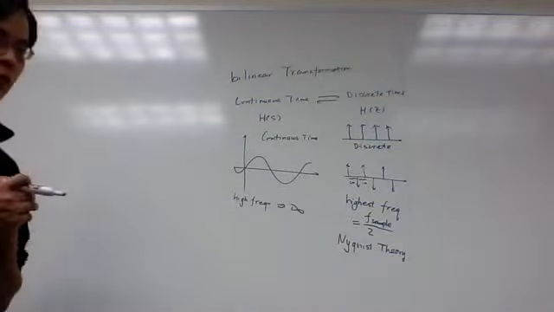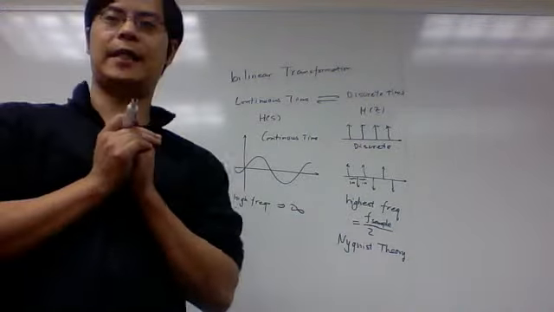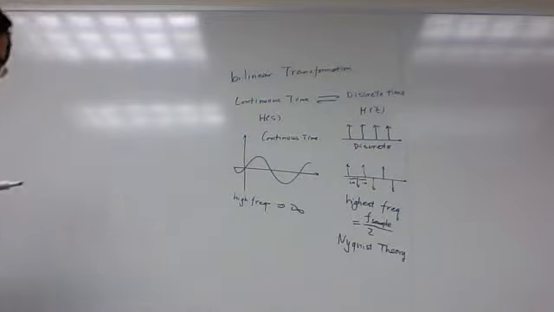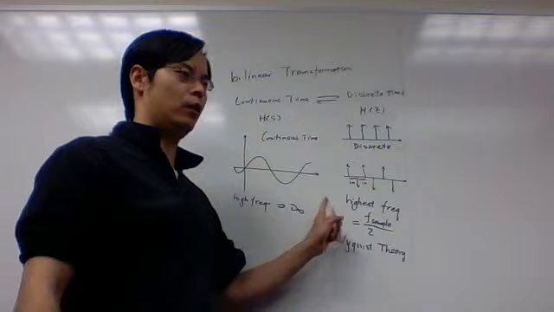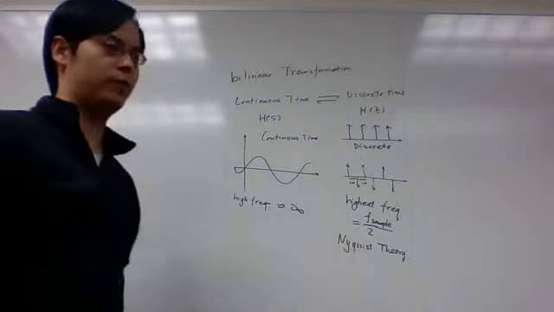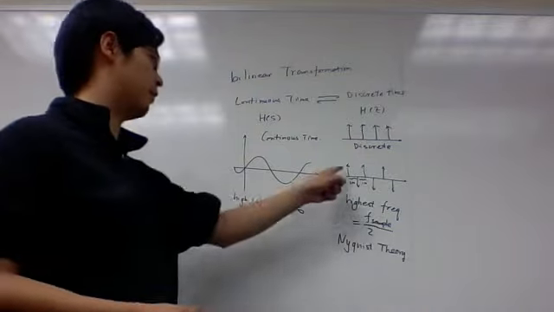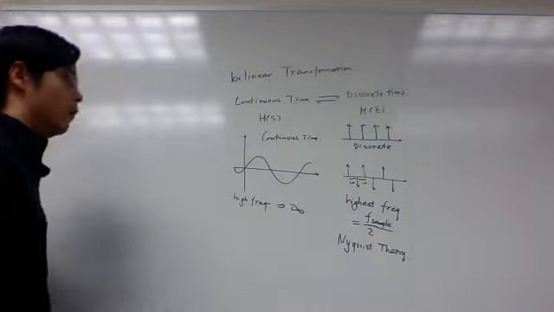Basically, what it says is if it's a sampled system, the highest representable frequency is half of your sampling rate. You cannot get a higher rate than 1, minus 1, 1, minus 1, 1, minus 1. That's what it's saying.